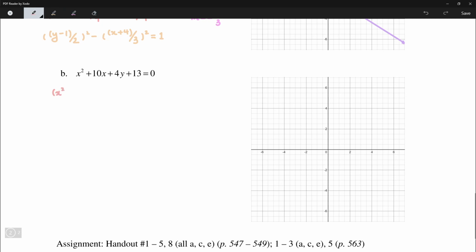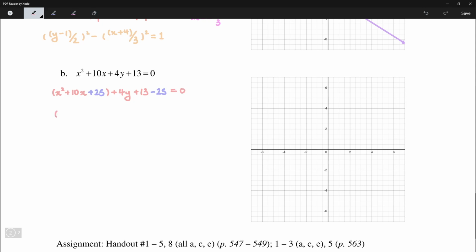So we have x squared plus 10x, and 10 divided by 2 is 5, so we can add 25, plus 4y plus 13, and then of course if we added 25, we have to subtract its equivalent on the outside of the parentheses, so that will be just minus 25 in this case because the coefficient was just 1.